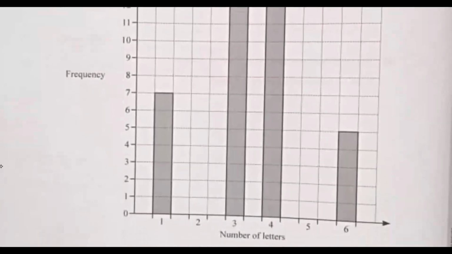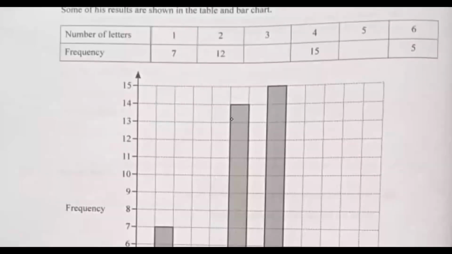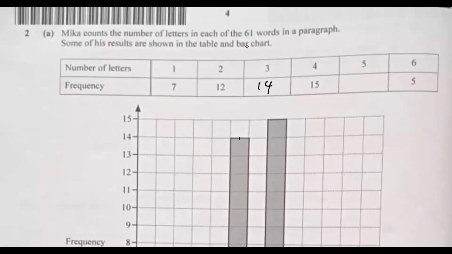When it is 3, 3 is this bar, so it will be 14. This is when the number of letters is 3, so the reading is 14, as you can see here. So I'll put 14 here. To get the frequency when the number of letters is 5, we just have to add all these together and subtract from the total number of words, which is 61.